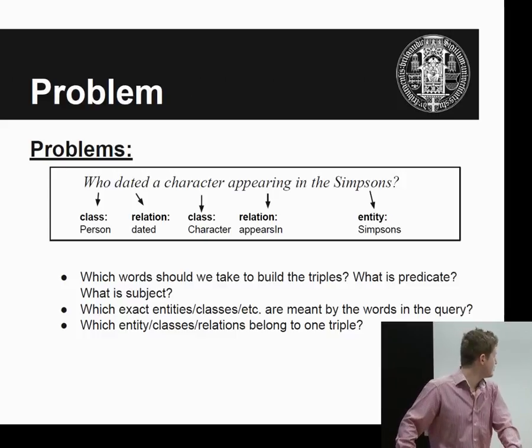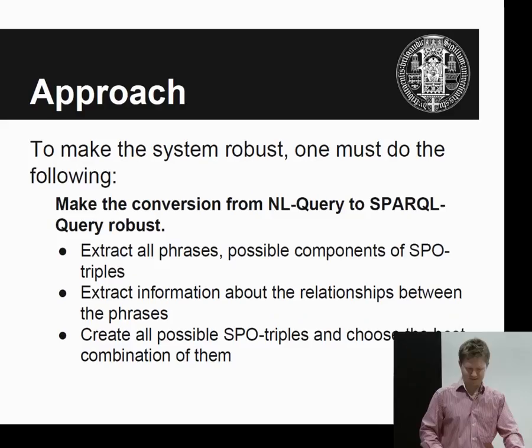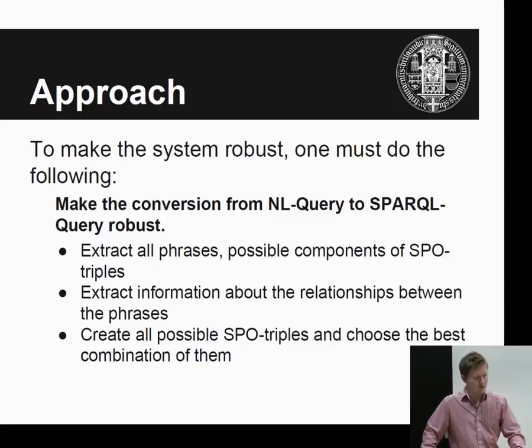We need also the information about in which relations these words are to each other, and which words should come to the same triple. And this is the first approach: to make as many queries as possible. If we just check all queries, the probability is high that we find the best one.